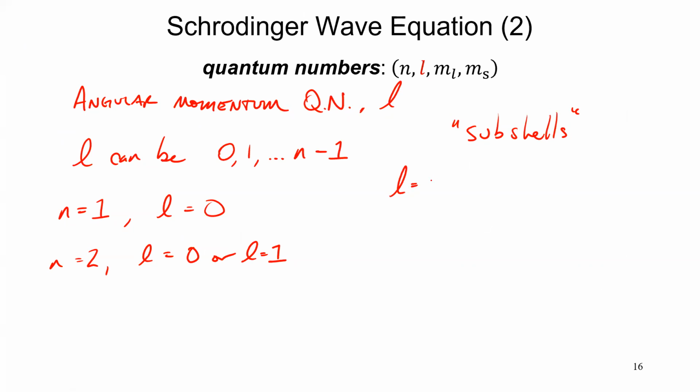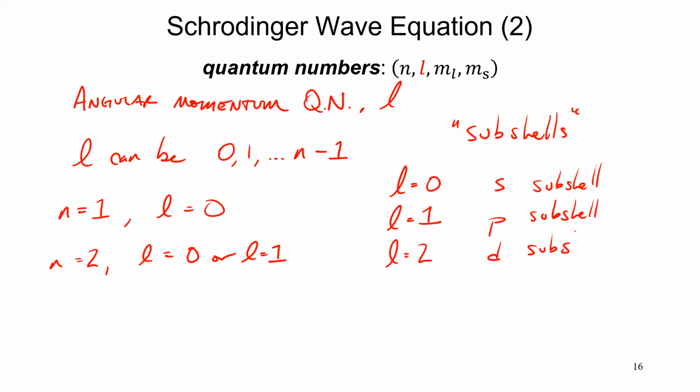If L equals 0, then we call it an S subshell. If L equals 1, it's a P subshell. If L is 2, it's a D subshell. And if it's 3, it's an F subshell.